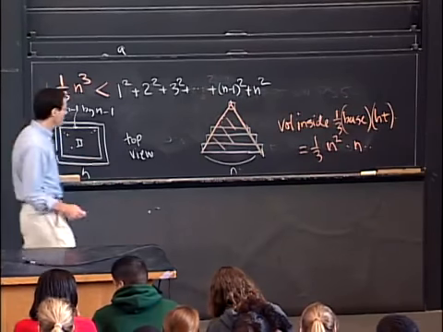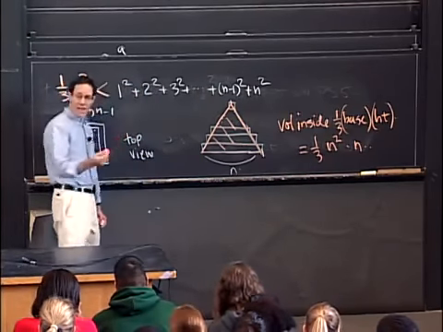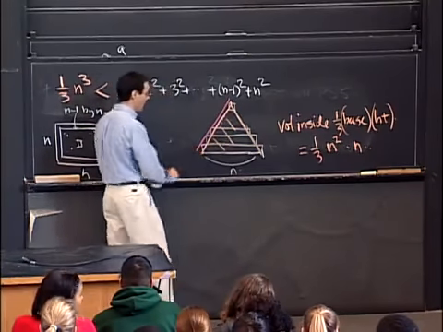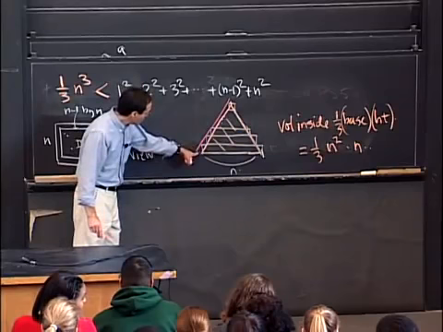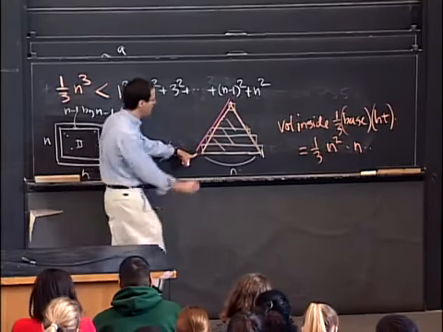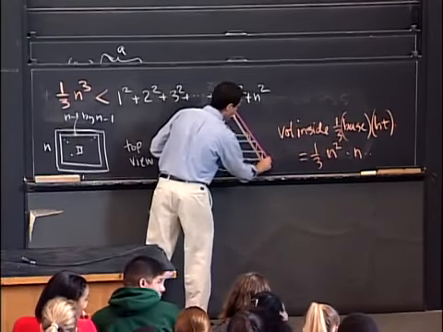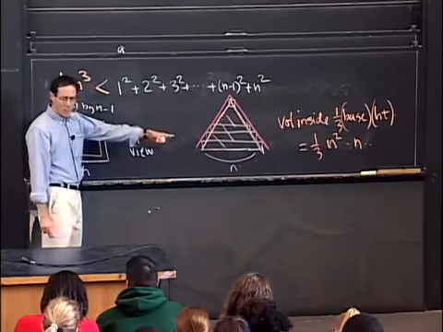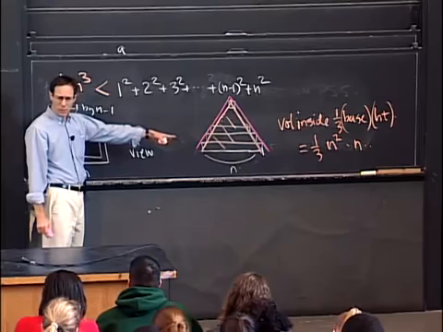On the other hand, I can trap it on the outside too by drawing a parallel line out here. And this will go down a half more on this side and a half more on the other side. So the base will be n plus 1 by n plus 1 of this bigger pyramid.